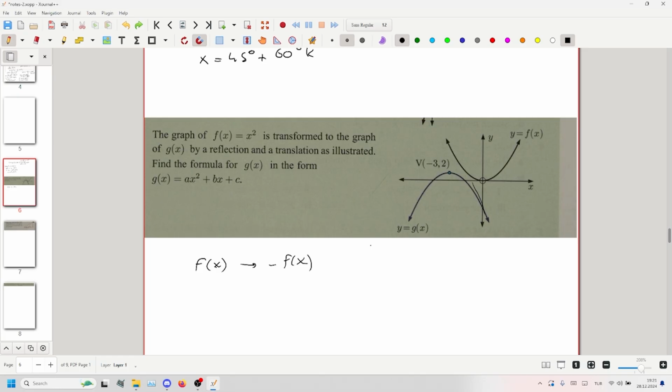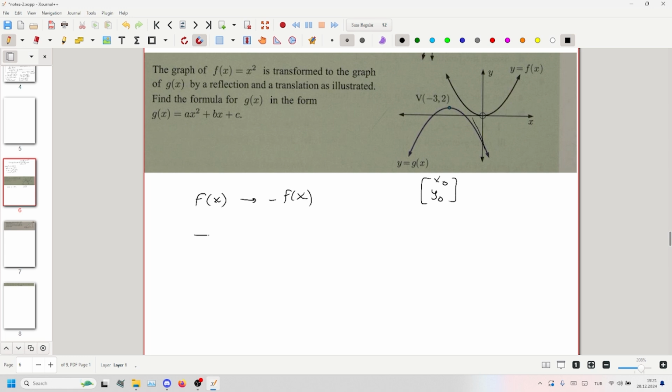Okay, then we translate by, let's say, a vector x0 and y0. So if we translate by this vector, we'll get the function negative f of x minus x0, and we add y0 to that.